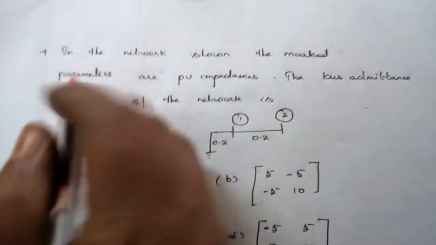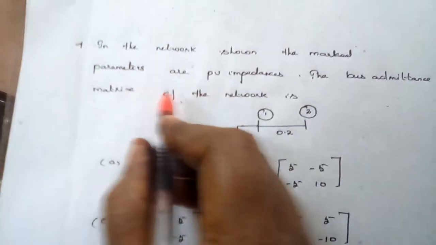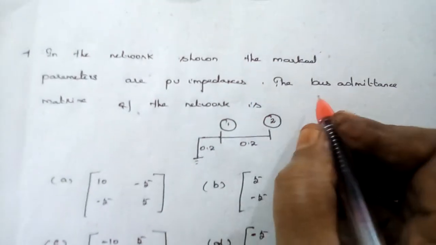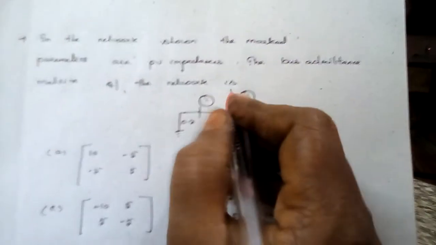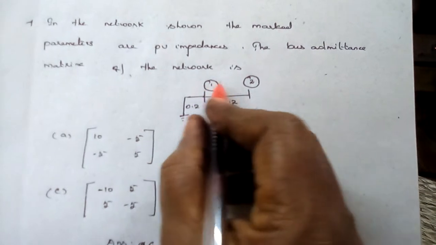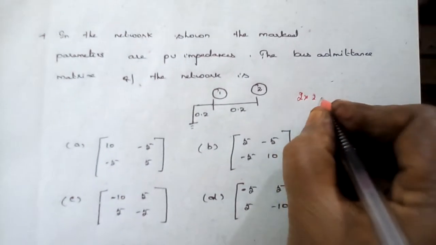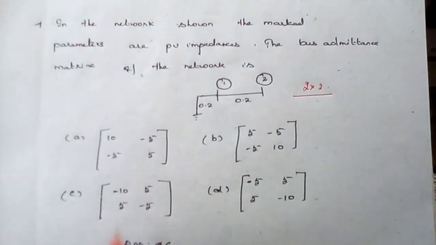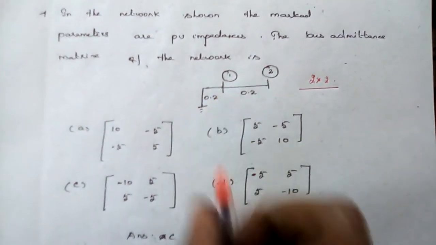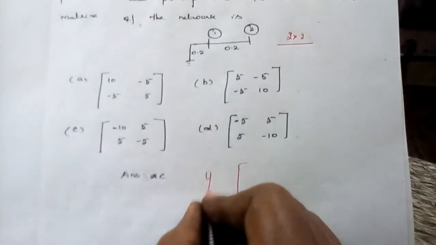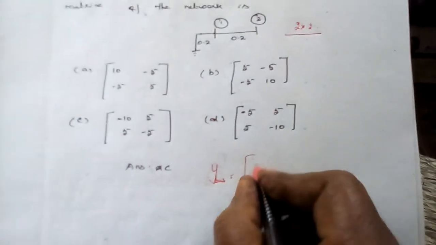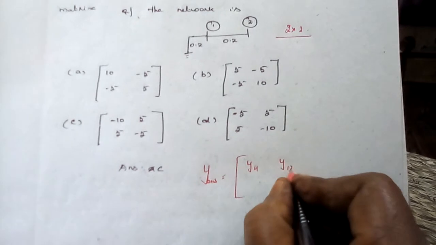The next is question number 4. In the network shown, the marked parameters are per unit impedances. The bus admittance matrix of the network is asked; here a two bus system is shown. So we have a 2 cross 2 matrix, right? The Y bus is Y11, Y12, Y21 and Y22.